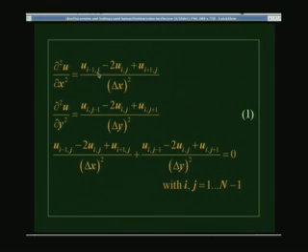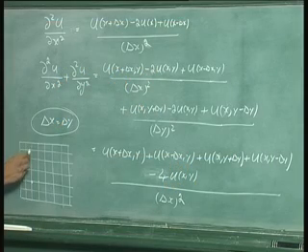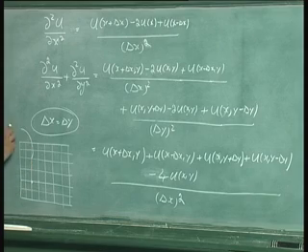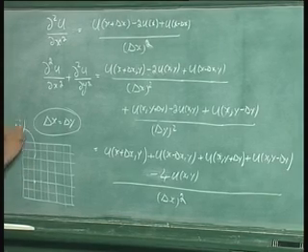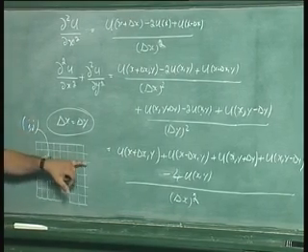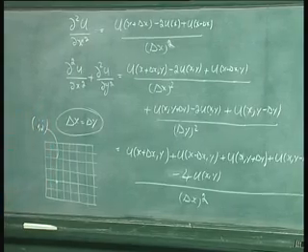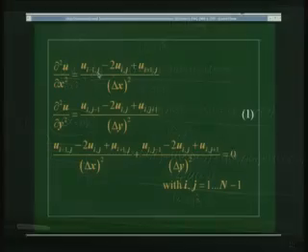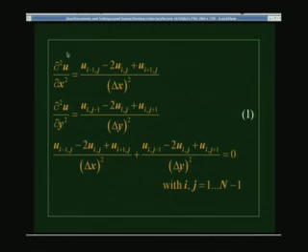Each point on this vertex is now i, j. So i goes up in that direction and j goes up in this direction. Then x minus delta x is now i minus 1, x plus delta x is i plus 1, and x, y is i, j.